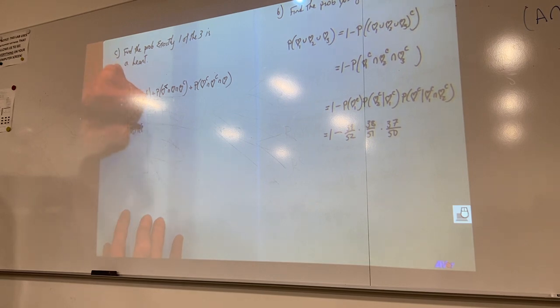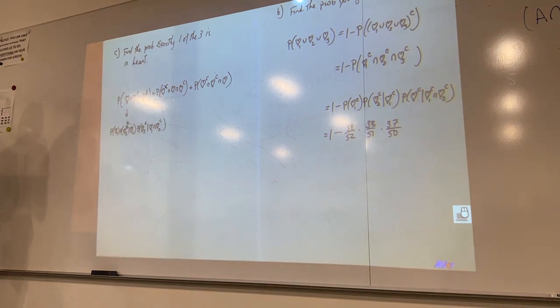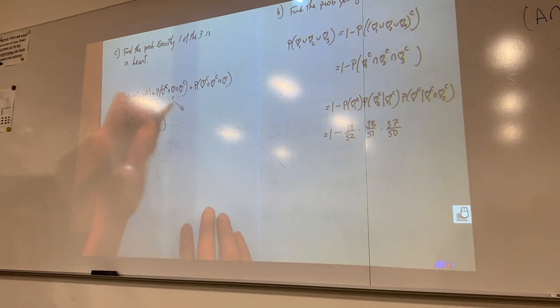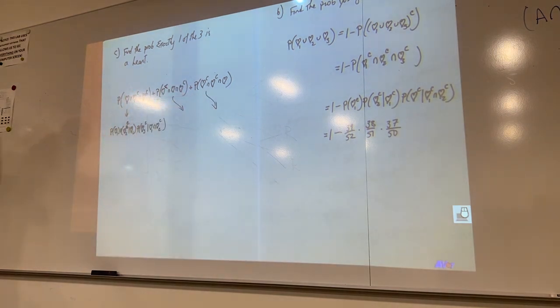The third is not a heart, given the first one was, but the second one wasn't. Does that sound right? And then you do the same for that and do the same for that.